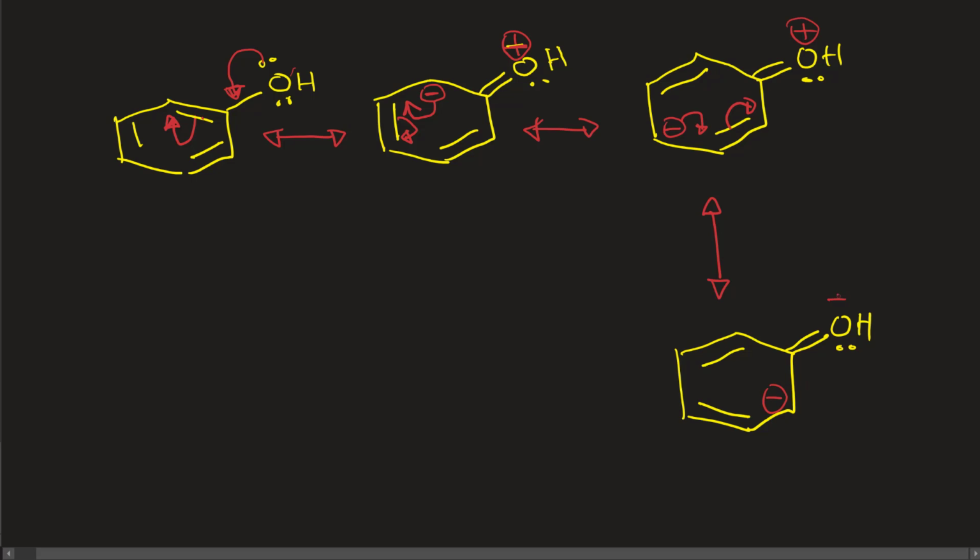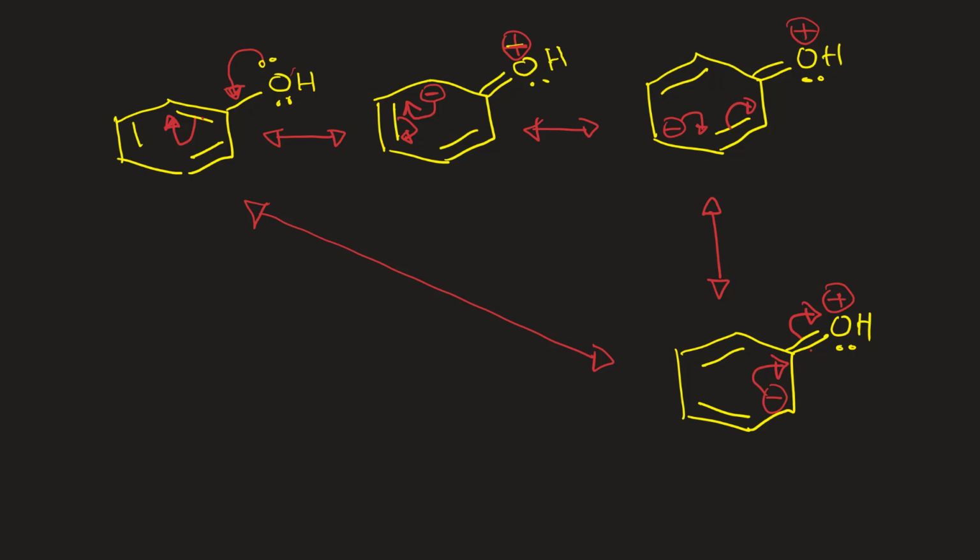Now this one can move to open the pi bond and neutralize the positive on the oxygen. Now it's almost the same as the beginning resonance structure. So there are 5 structures total, because there are 2 different benzenes, by rotating the pi bonds. That's how you get all of them.